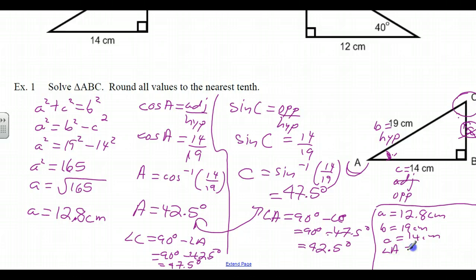Angle A is 42.5 degrees. Angle B is 90 degrees. Angle C is 47.5 degrees. That's 6 measurements, 3 sides, 3 angles. This solves triangle example number 1.